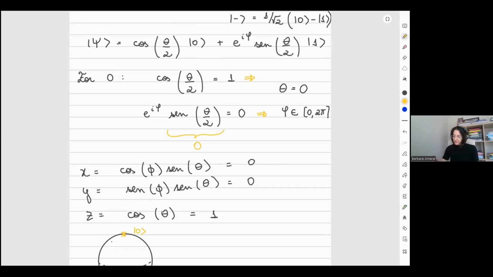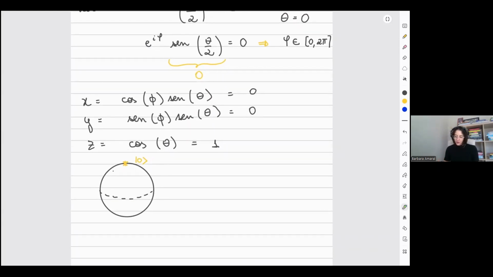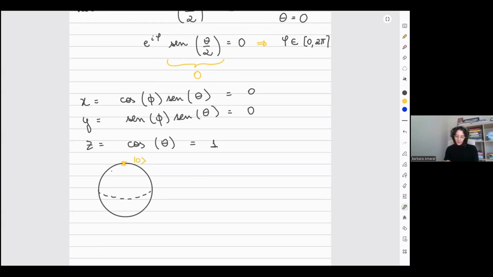We figure out what are the angles for the corresponding state, and then we compute the coordinates of the point representing that state. Is it clear for everyone? Okay.